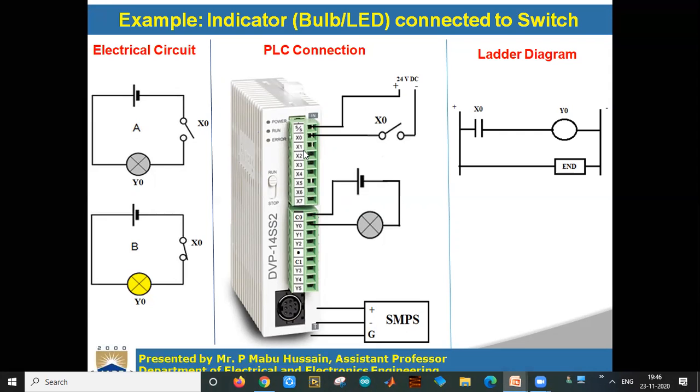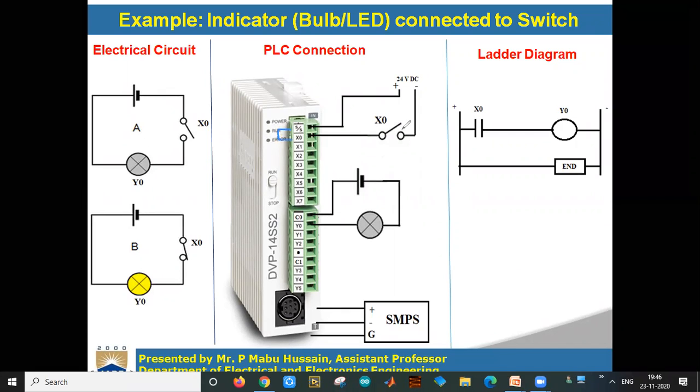Backside you have one connection like this. Internally you have one connection like this.